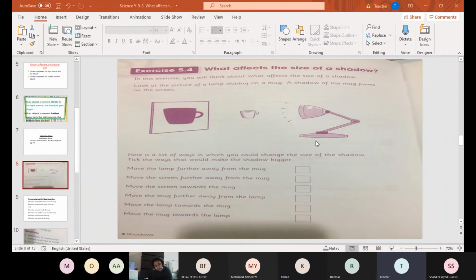You have a wall and a cup with you. If you keep the mug near the wall, what happened? The shadow will be bigger or smaller? Bigger. Miss, number one is correct or wrong? Number one is wrong. Number two is correct.